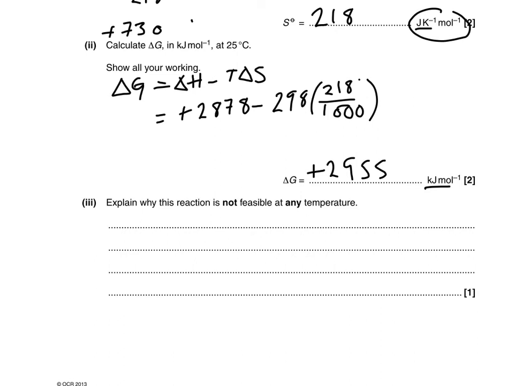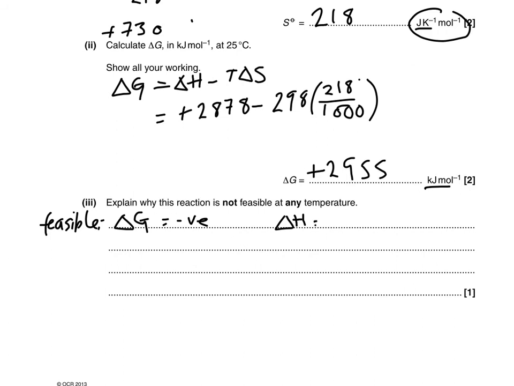Okay, so for a reaction to be feasible, Gibbs has to be negative. Okay, now in this case we have, so feasible reaction, Gibbs must be negative.